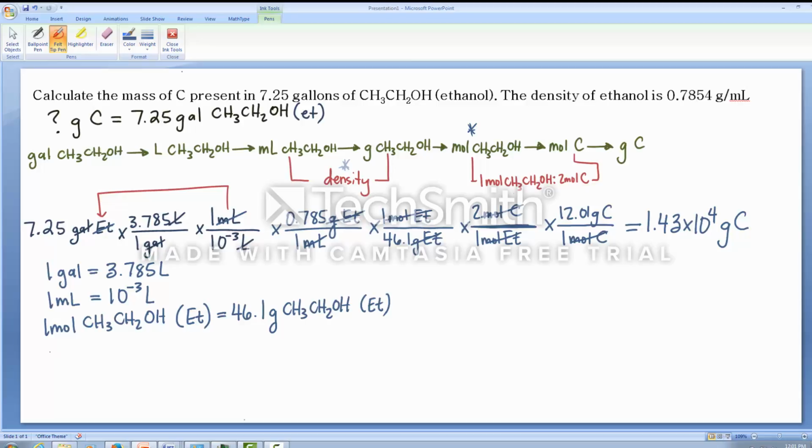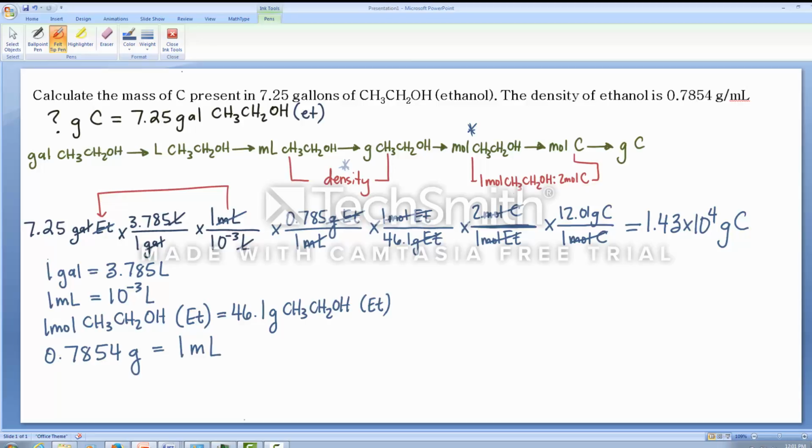And we have also used the density that says that there are 0.785 grams per 1 milliliter of this liquid.